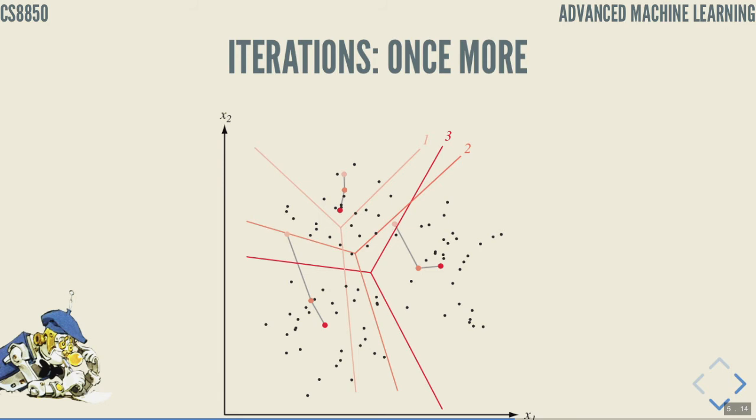And once we're doing update after update, as you see here with 1, 2, 3, the Voronoi tessellations keep shifting until they shift into the right position, and thus we partition the space. So partitioning the space means separating the space into non-overlapping regions such that the union of those regions gives us back the complete space again. So the k-means algorithm partitions the space continuously as each iteration progresses.